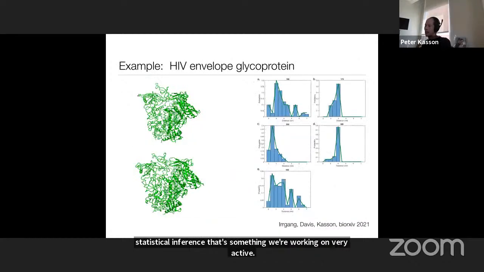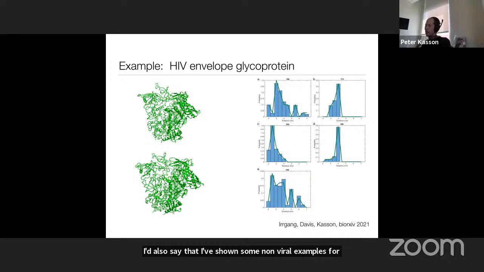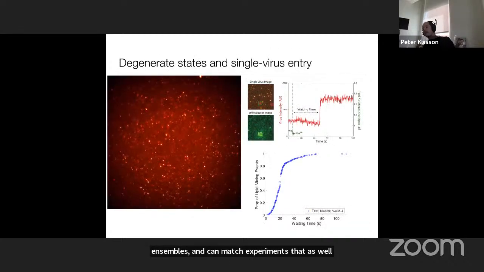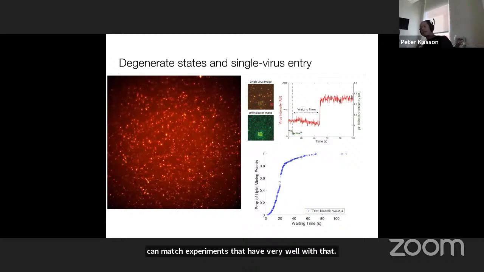I'd also say that I've shown some non-viral examples for this. We're also working on HIV glycoprotein and other viral glycoprotein structural ensembles, and can match experimental data very well with that. The challenge for these larger scale, non-structurally specific experiments is that the states are highly degenerate.